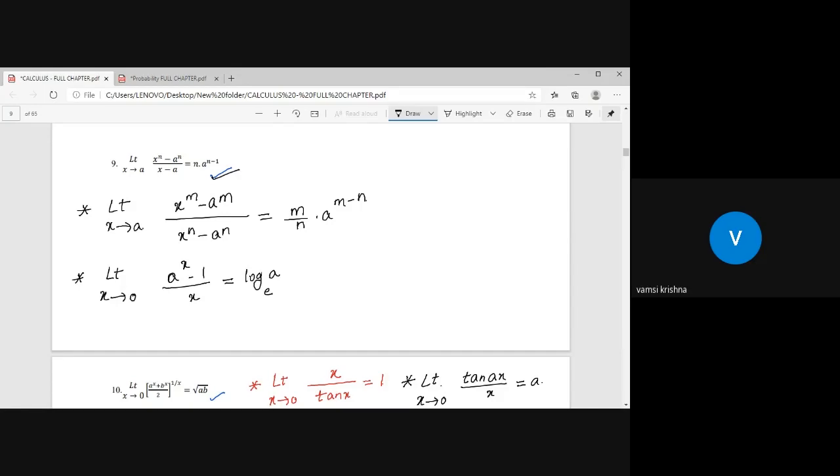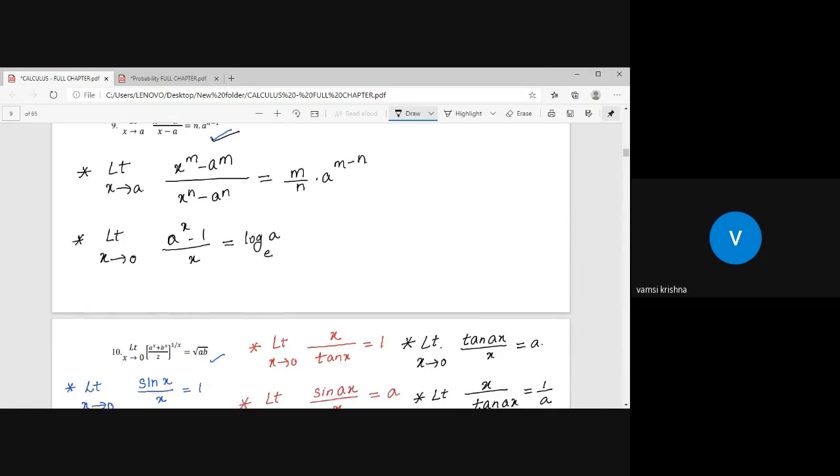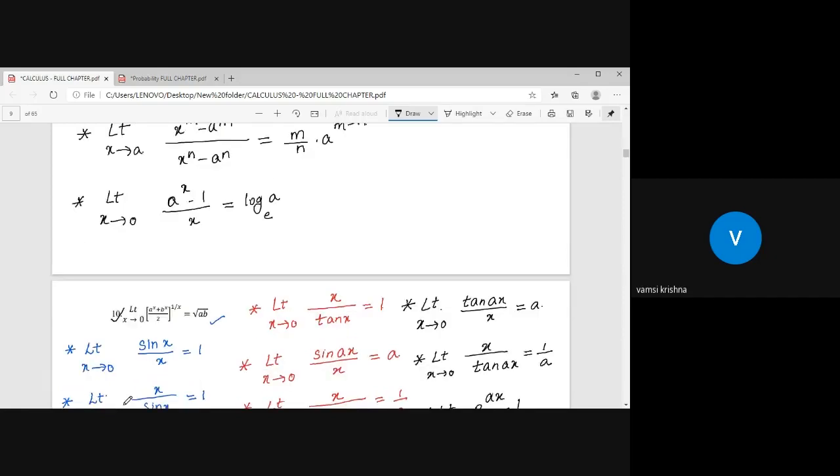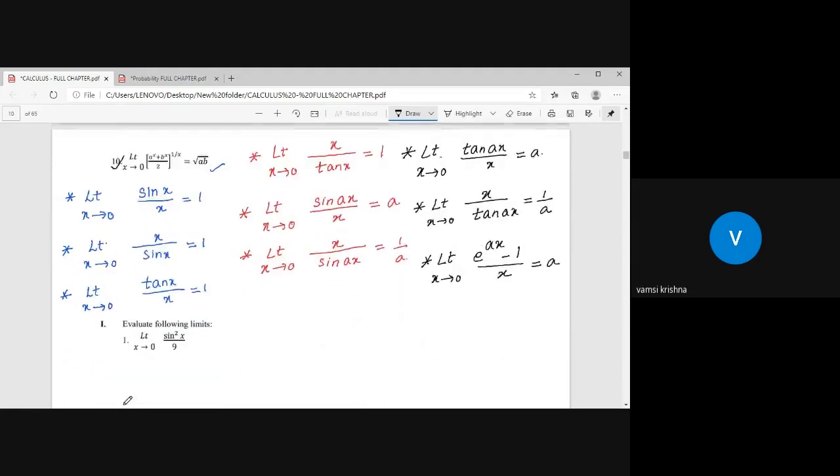And moreover, we already discussed this one: (a power x plus b power x by 2) whole power 1 by x is equal to square root of ab. Students, I have written all these formulas because these are very, very important. So if you are good in these formulas, you can easily solve the questions. I hope everyone has taken these formulas and can exercise with them.